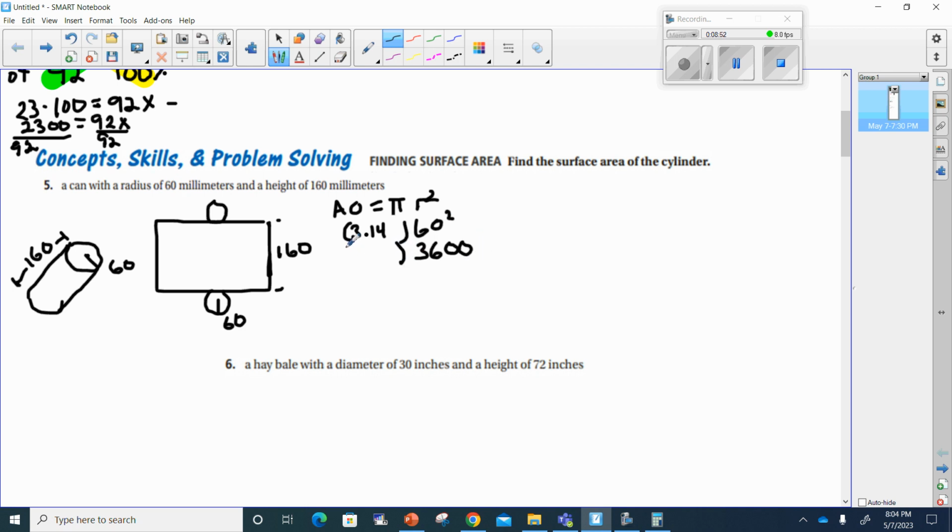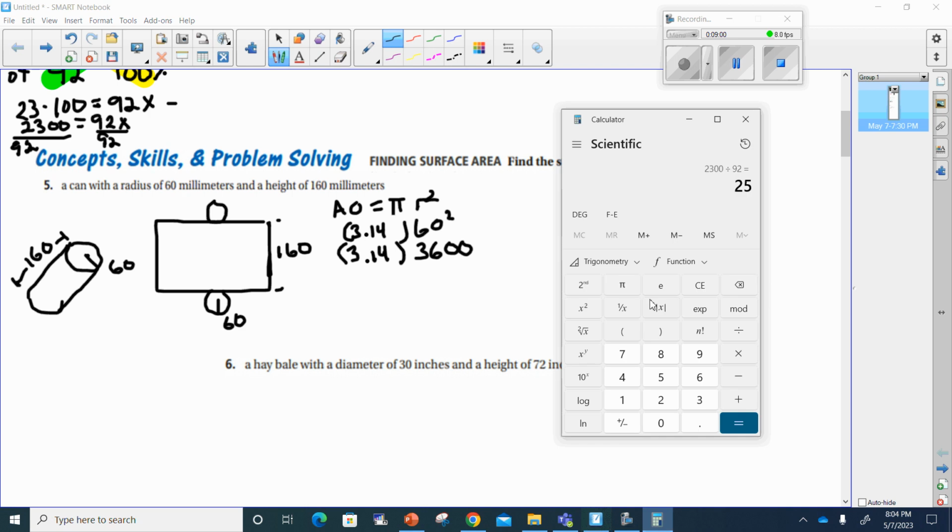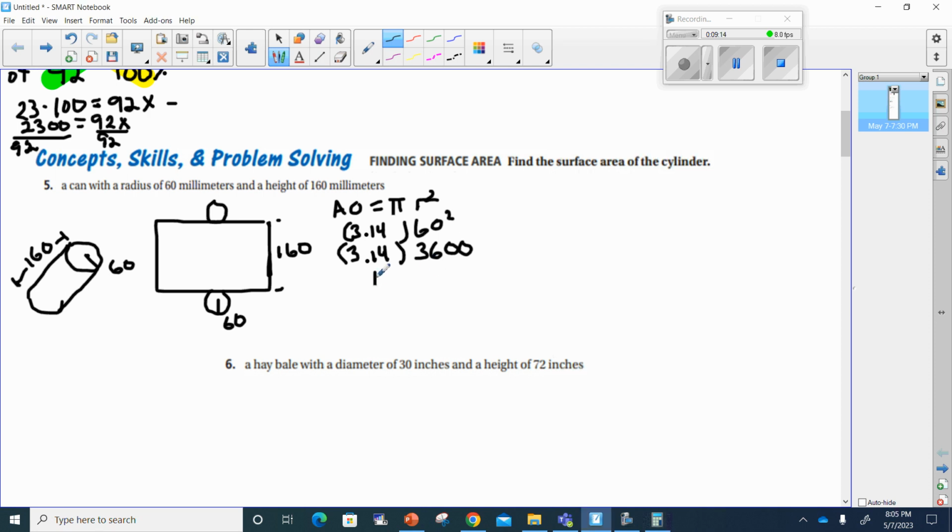Now we're going to take that and multiply it by 3.14. All right, so we've got 3.14. We're going to multiply that by 3,600. That's going to give us 11,304. Now remember, there's two circles. We've got one circle here, and then one circle here.